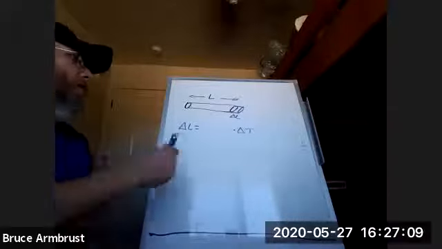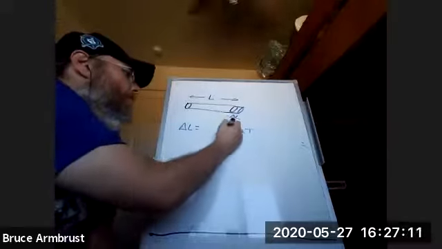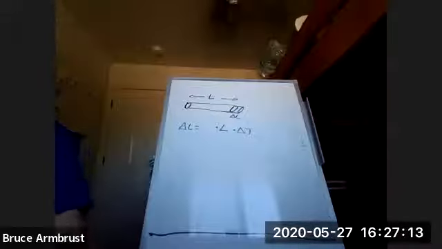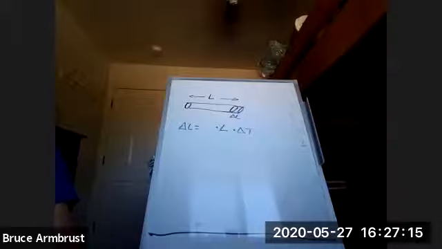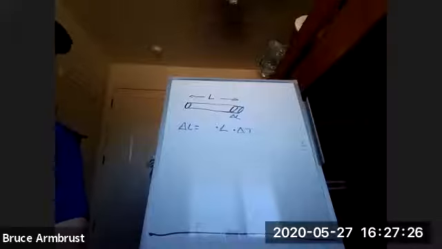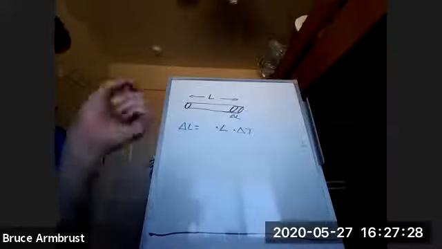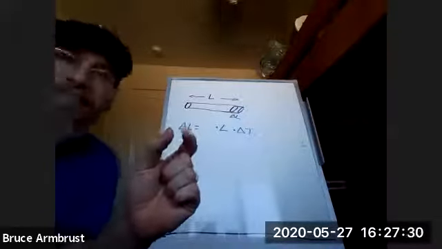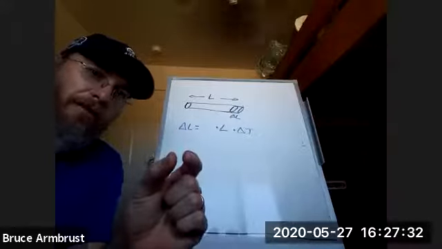Now, it's also proportional to the initial length. And this one might feel a little bit weird that it depends on that, but here's how I want you to reason it out. Think about a little thin chunk of that rod.